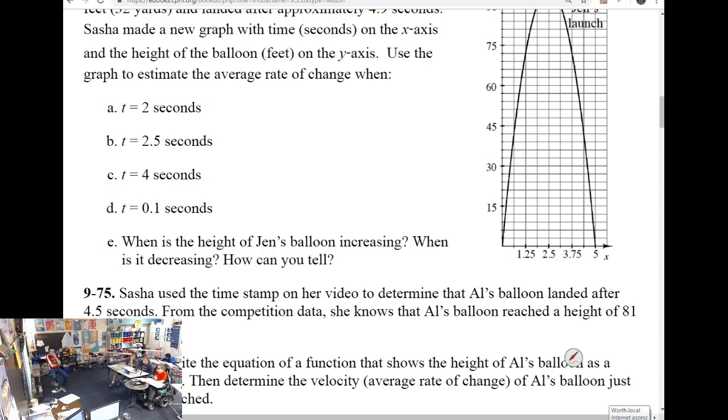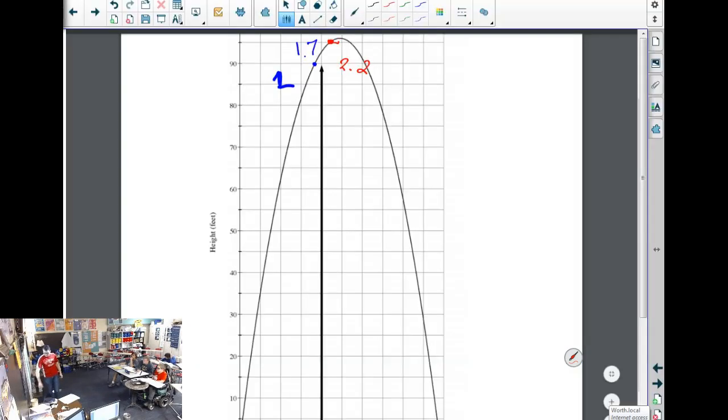Which points did we already get for this? You know what the vertex is? Yeah, so we've got 2.2, 2.45 and 96 is the like 2.15. Wait, how do you know that, Thomas? Because 4.9 divided by 2 is 2.45.